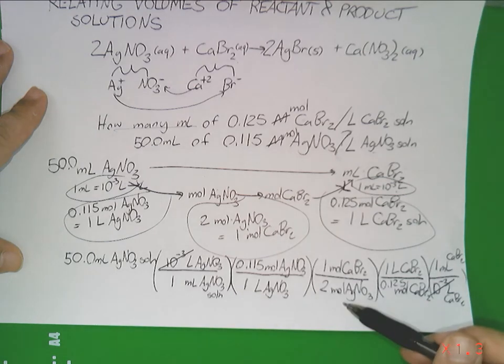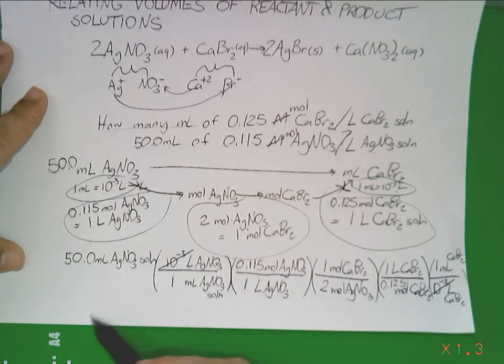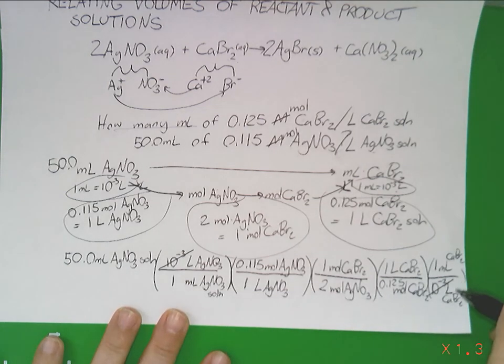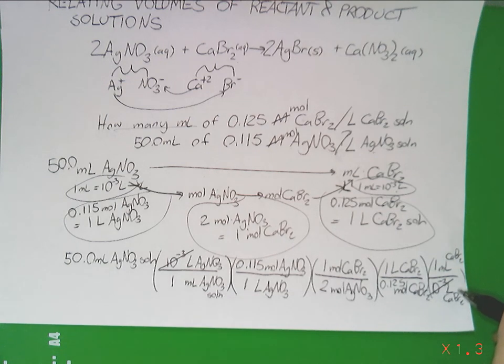So it's a little less than a half times this. So it'll be a little less than 25 milliliters that I should get out. Try it yourself, and I think you'll see you get a little less than 25 milliliters. What do you get? It should be something like 23 milliliters, I think. Give it a try.